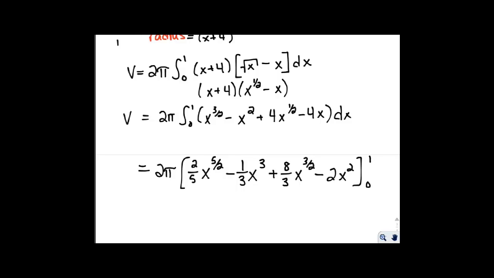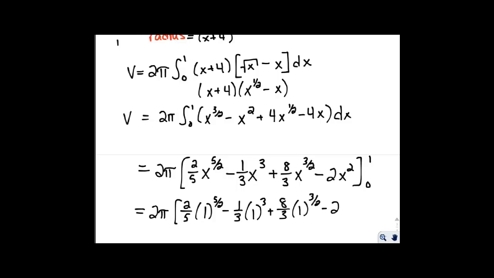And we have to evaluate that from 0 to 1. Luckily, we only have to evaluate it at 1, because 0 makes everything 0. So 2 pi times 2/5 times 1 to the 5/2, which is just 1, minus 1/3 times 1 cubed, plus 8/3 times 1 to the 3/2, minus 2 times 1 squared.